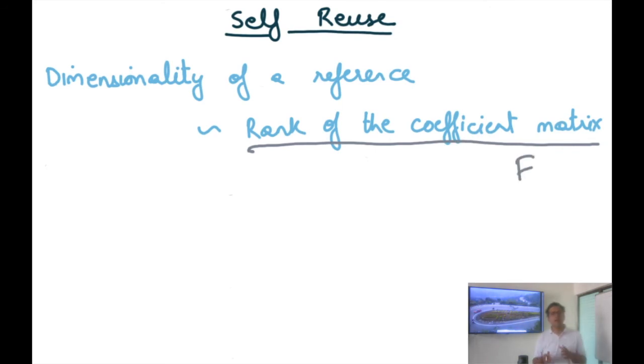And we can go back to all the examples that we've seen before and see that in all the cases where there was reuse, the rank of the coefficient matrix, which represents the dimensionality of the axis, was less than the dimensionality of the loop iteration space or the loop nest depth. So if this is k and that was d, then k was less than d. If k is less than d, then there is reuse.